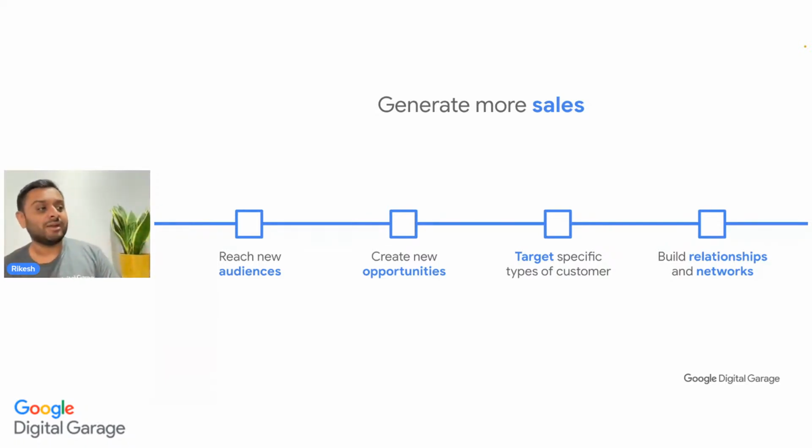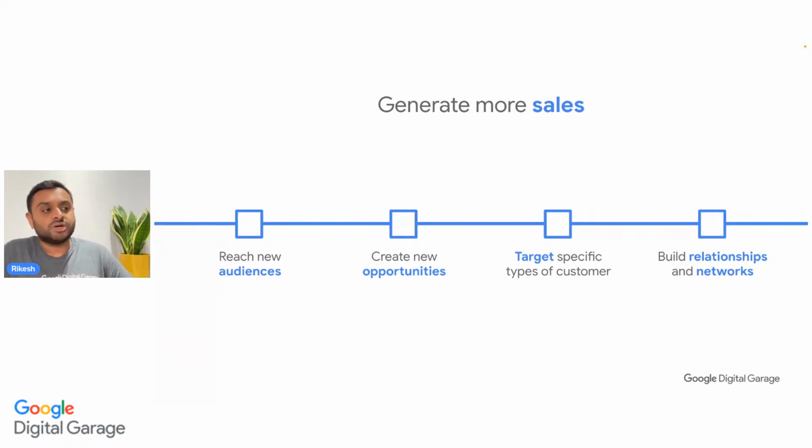You can also target specific types of customers with social media. Once you know who is going to be more attracted to your business offering, you are able to be more specific with how you promote your content. That could be through paid advertising, or it could just be you putting out free posts, but you are using selected words, selected images, maybe posting at certain times of the day.